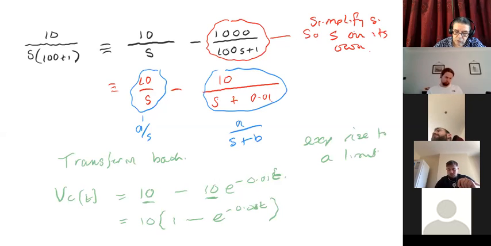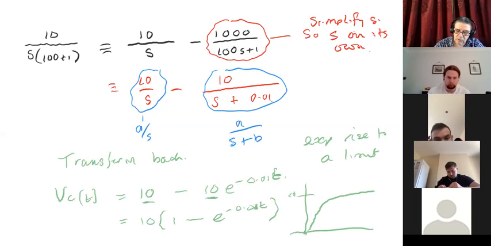So 10 is your limit. Remember what I said? We're expecting 10 volts, an exponential rise to a limit, which is 10 volts. Remember when we did sines, this minus 0.01 here is the time constant. Do you remember that?